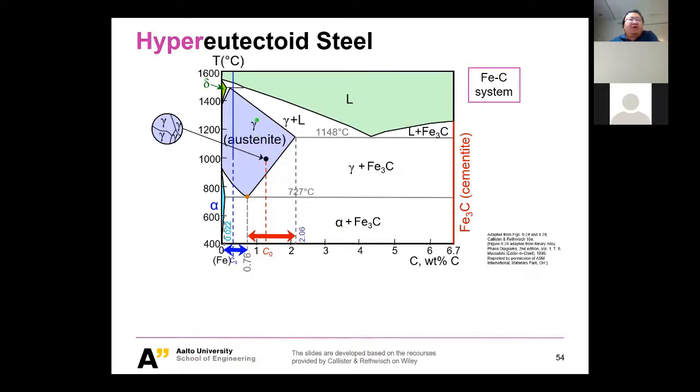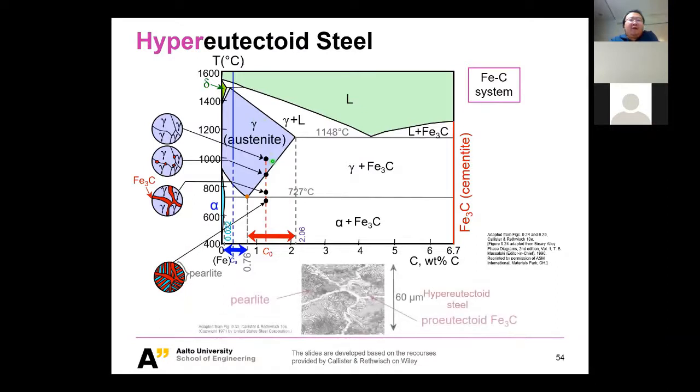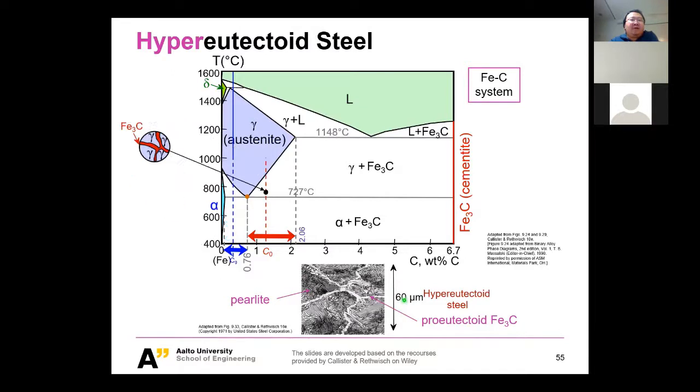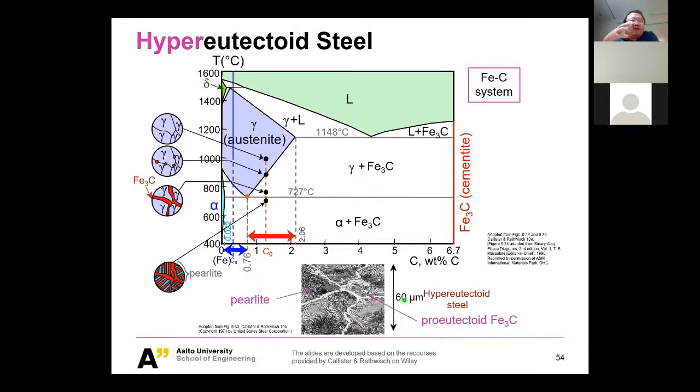So if it just cools down from gamma, you can already imagine you will have cementite nucleating from your microstructure, and it will stop at the eutectoid temperature and form the so-called proeutectoid cementite, the white one. And when you continue to cool down, the remaining prior gamma will transform into the alternating alpha plus cementite, which is the pearlite.